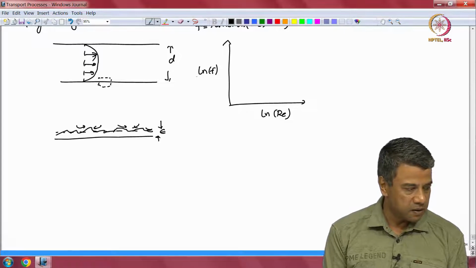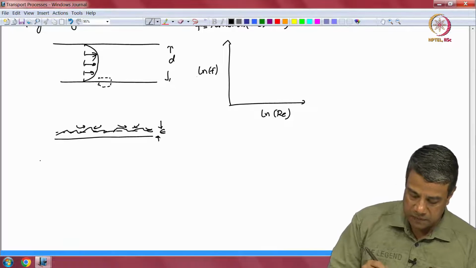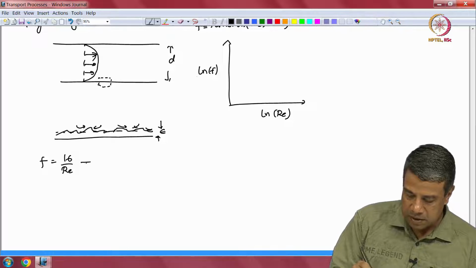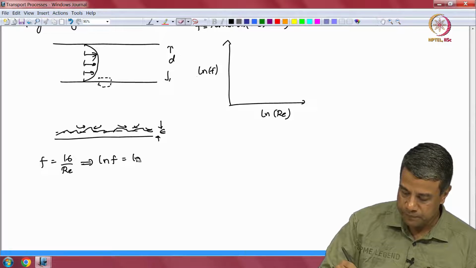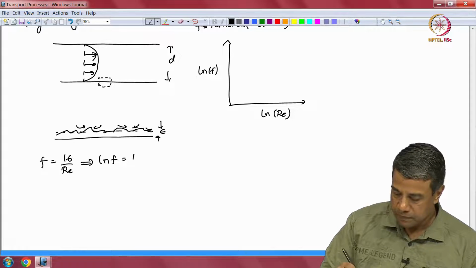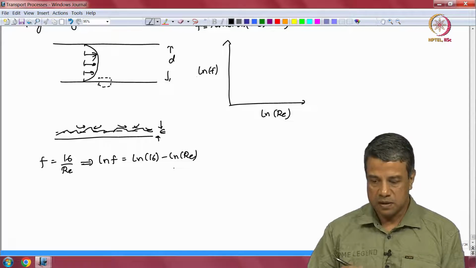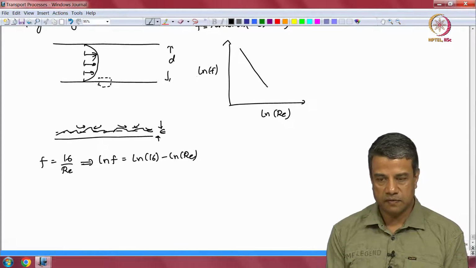If we write the log function, we know that for laminar flow f is equal to 16 by Re, which implies that log of f is equal to log of 16 minus log of Re. So, therefore, you get a line with slope minus 1 for the laminar profile.